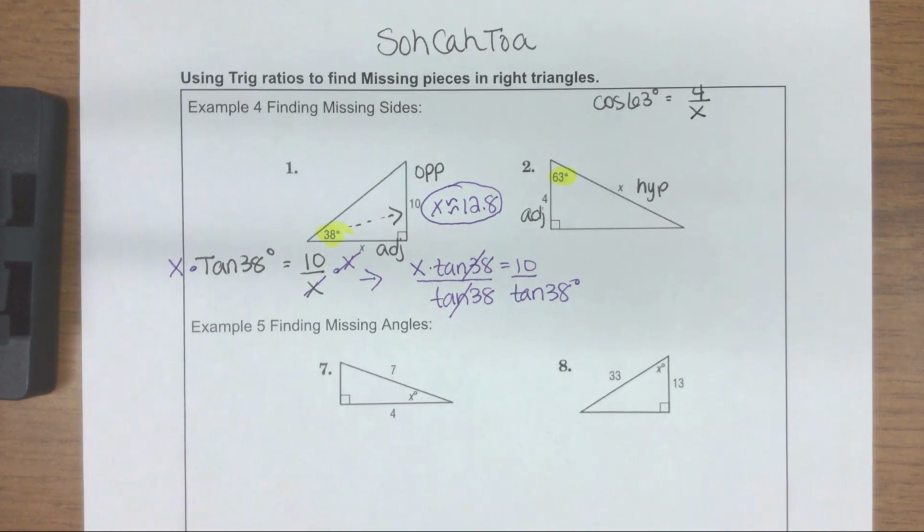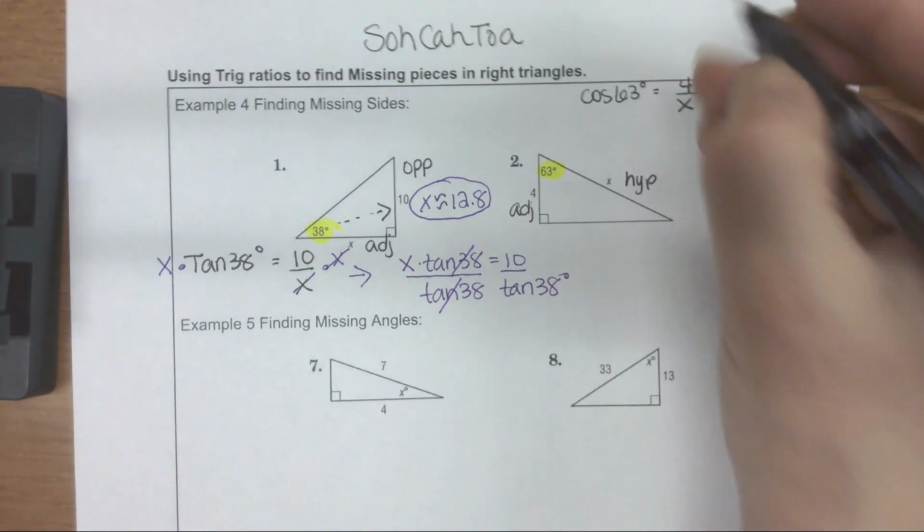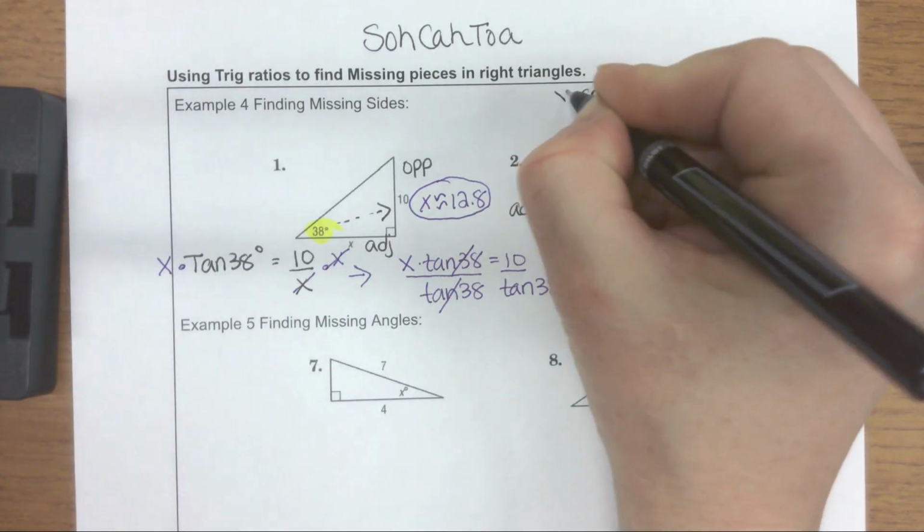By the way, sometimes the x is on top and then you just multiply both sides by the number. In both of these cases, it was not. I think that's the hard part of the problem, deciding which one and then setting it up. All right, so you multiply both sides by x.